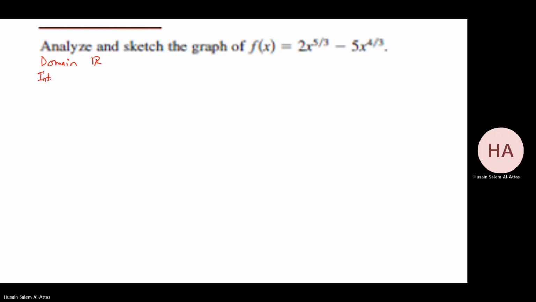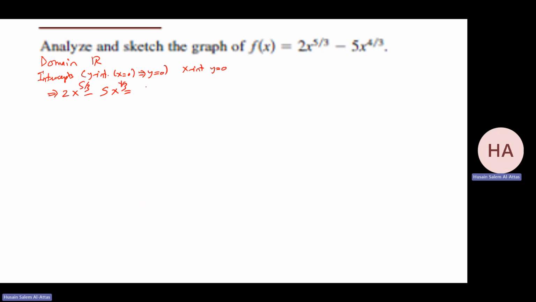Intercepts. Y-intercept, x equals 0. I'm getting y equals 0. X-intercept, y equals 0. So I'm getting 2x to the power 5 over 3 minus 5x to the power 4 over 3.